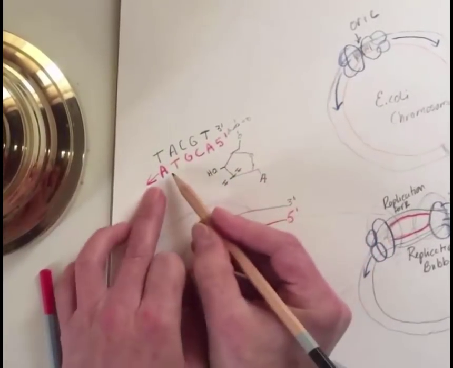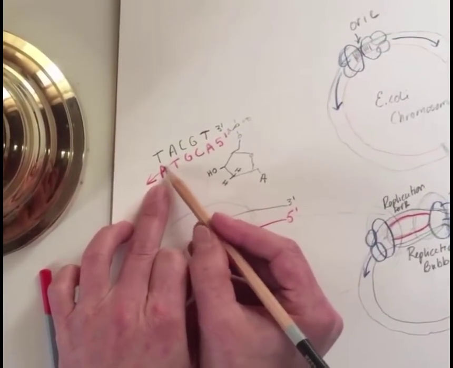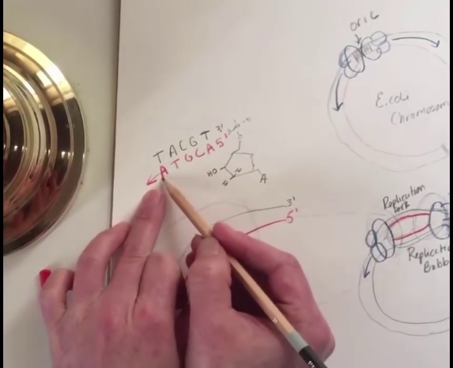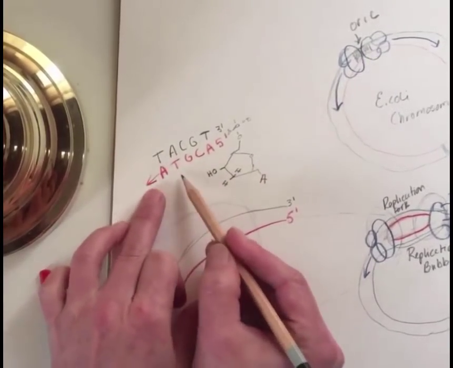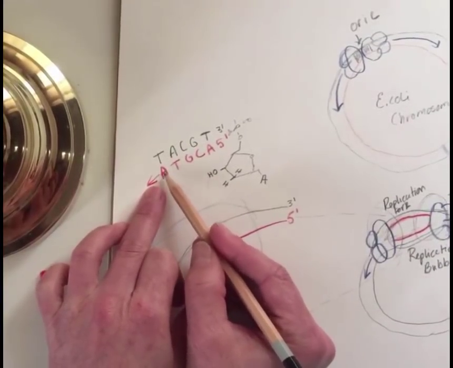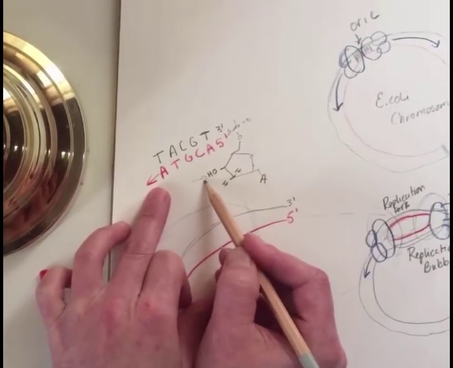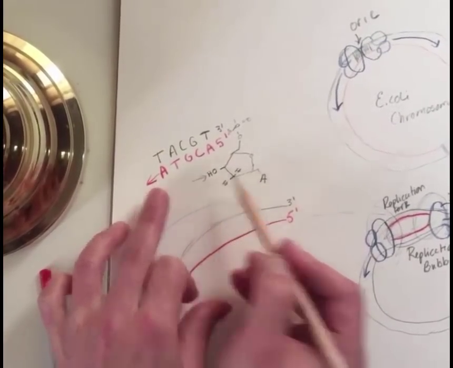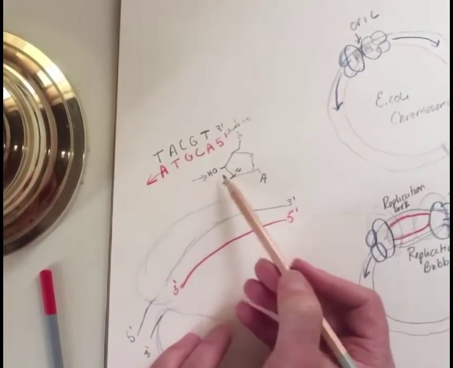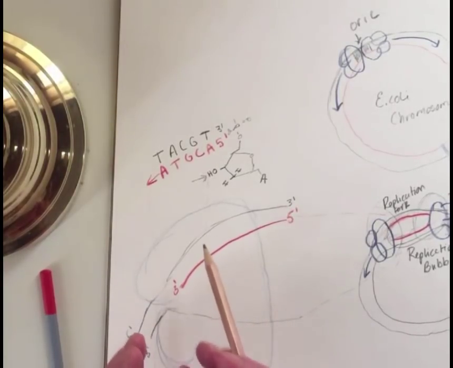The building takes place, so right here, if this is the most recent nucleotide, then the next nucleotide, and in fact nucleoside triphosphates are the building blocks, so the next nucleoside triphosphate to be added will be added right onto that 3' hydroxyl right there. So DNA is built in the 5' to 3' direction, adding onto the 3' hydroxyl as the building takes place.